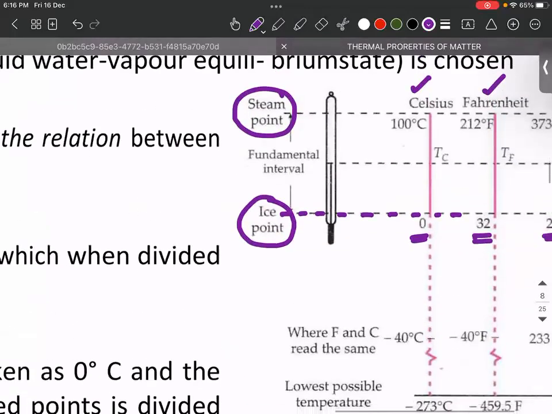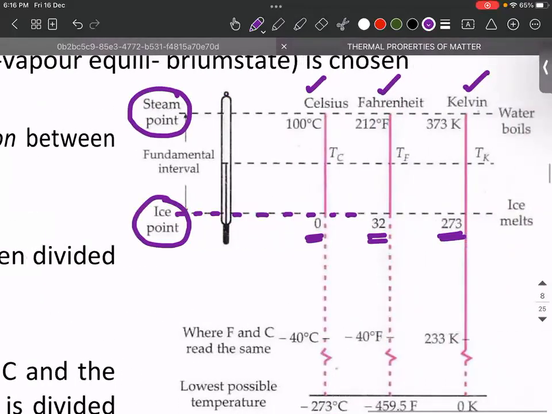Meaning, though the starting points are different, observe, though the starting points are different, one is 0, one is 32, and one is 273, the readings will be separated by equal number of distances. Means the number of divisions in all the scales is going to be the same. Or can I say that the distance between these 2 points will be a constant?